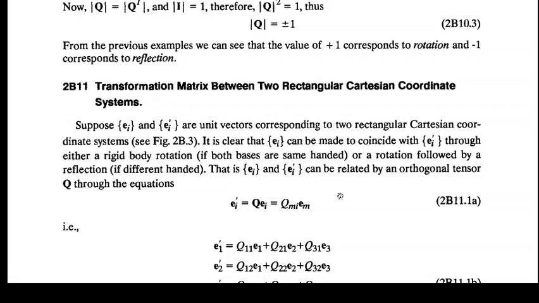Left-handed means clockwise, with the x-axis along the horizontal axis and the y-axis downward, perpendicular but downward. So this is left-handed, meaning clockwise, and right-handed means counterclockwise.